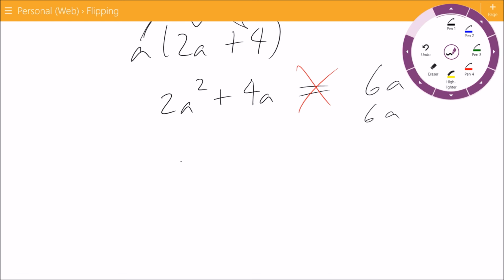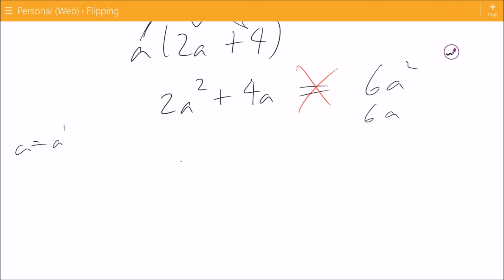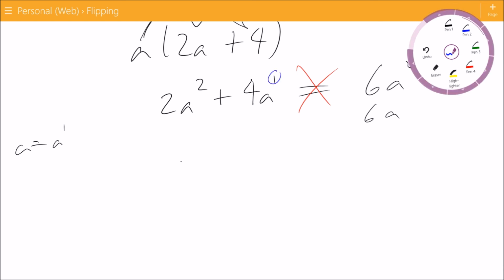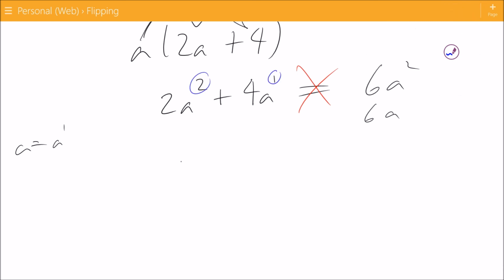Really 4a, this a is really the same thing as a to the first. And if this guy up top, if the exponent does not match, then you can't mix. No match, cannot mix, cannot combine.